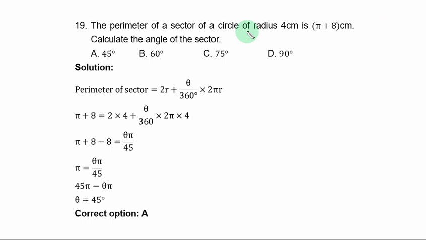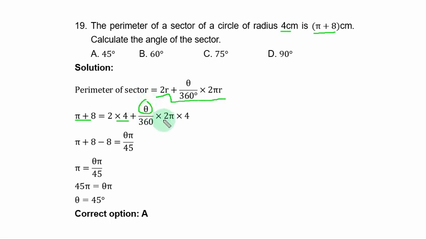Question 19. The perimeter of a sector of a circle of radius 4 cm is pi plus 8 cm. Calculate the angle of the sector. Solution. Perimeter of a sector is equal to 2 times radius plus length of arc. The perimeter is pi plus 8, radius is 4, the angle is unknown.